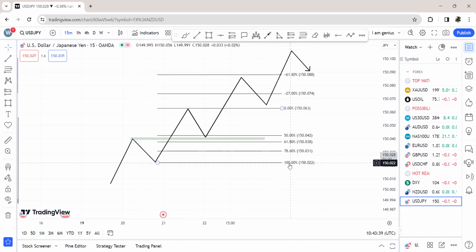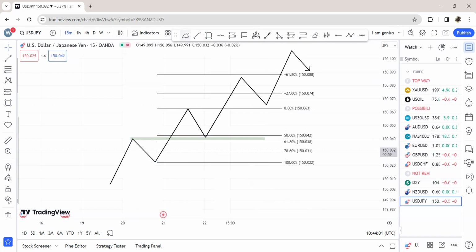Then you leave out all these. This 0.00% has to be on the highest point the market had reached before it turned. Then these two are just my extension levels where the market is likely to reach.